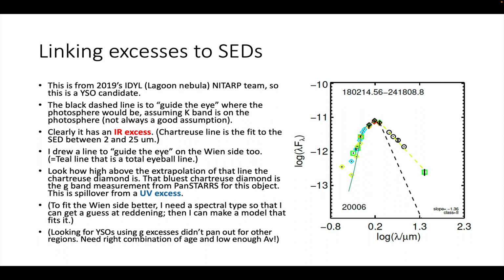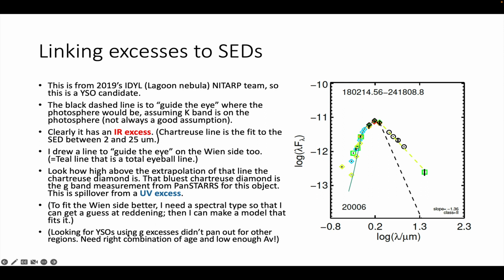So what's going on is this is spillover from a huge ultraviolet excess, because G-band is not ultraviolet, it's blue, but the UV excess in the star is so big that it's spilling over into G-band. In order to do a better fit of the Wien side, I need a spectral type so I can get a guess at reddening, so then I can make a model that fits it.